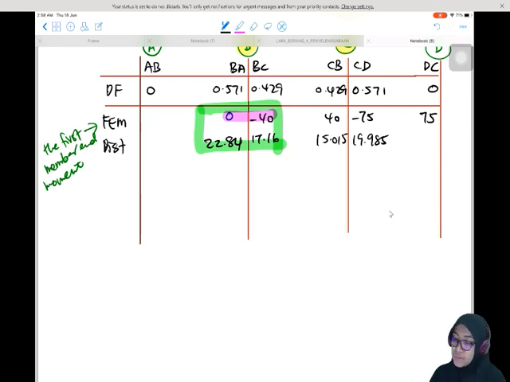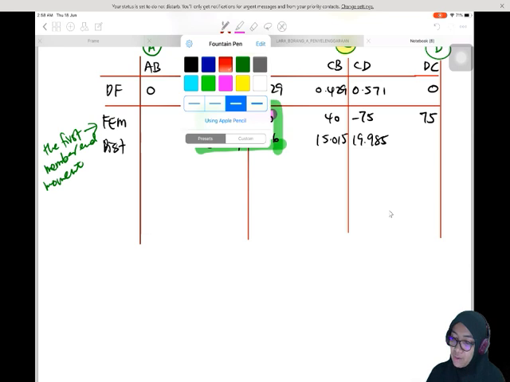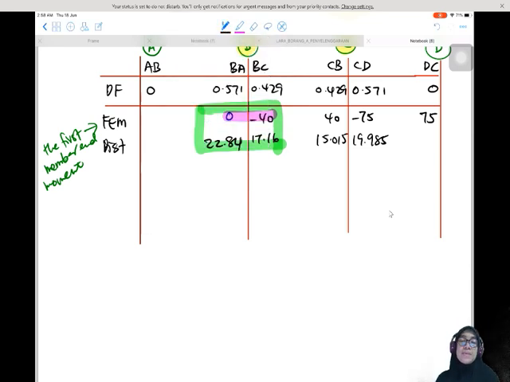Okay, the next step is carryover. In the table, we will repeat the process again and again. There are two steps in the table that we need to repeat. Number one is distribution. Number two is carryover. After distribution, we need to carry over the value to the opposite joint.